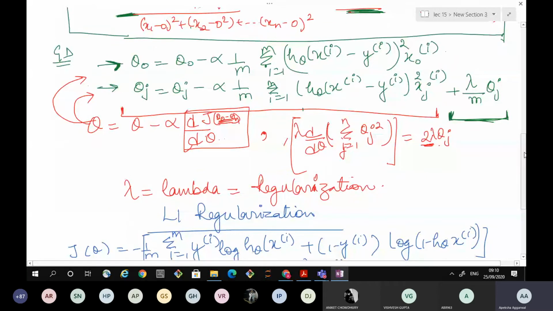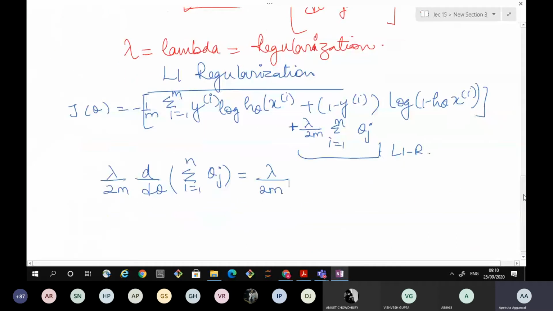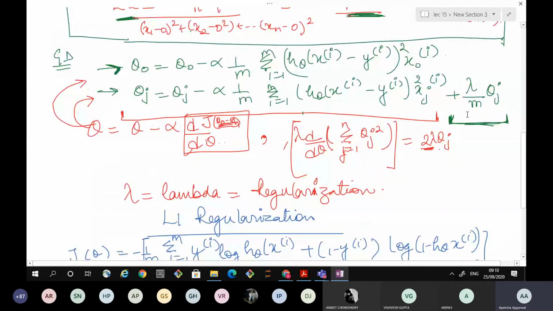In L2 regularization the updation is dependent upon the previous values of thetas, while in L1 regularization this is not dependent upon the previous value of theta. So that is why L2 regularization is also called weight decay.